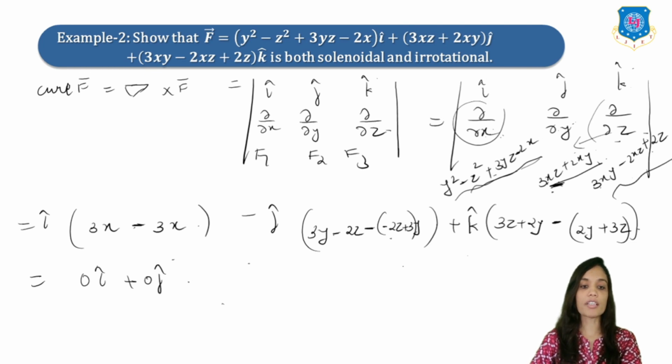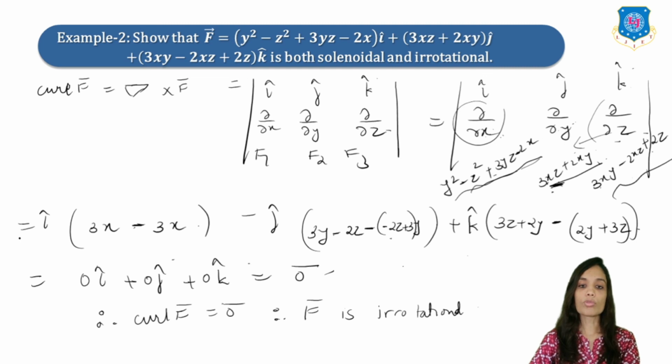This also, everything gets cancelled out. So plus 0 k cap. So this is vector 0 bar. So from this we can say that curl of f bar is equal to 0 bar. Therefore our vector field f bar is what? Irrotational.